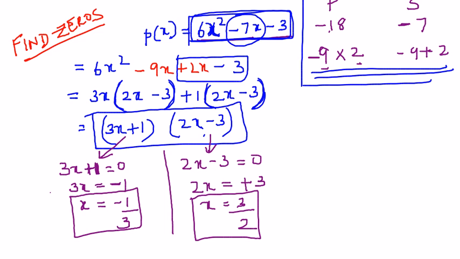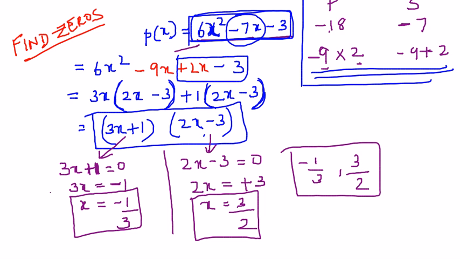It means that if I substitute x is equal to minus 1 by 3 or x is equal to 3 by 2 in this equation, my p of x is going to be 0, right? That's what it means. So you will write that the zeros of the given polynomial are minus 1 by 3 and 3 by 2. Okay, this is one part of the sum.